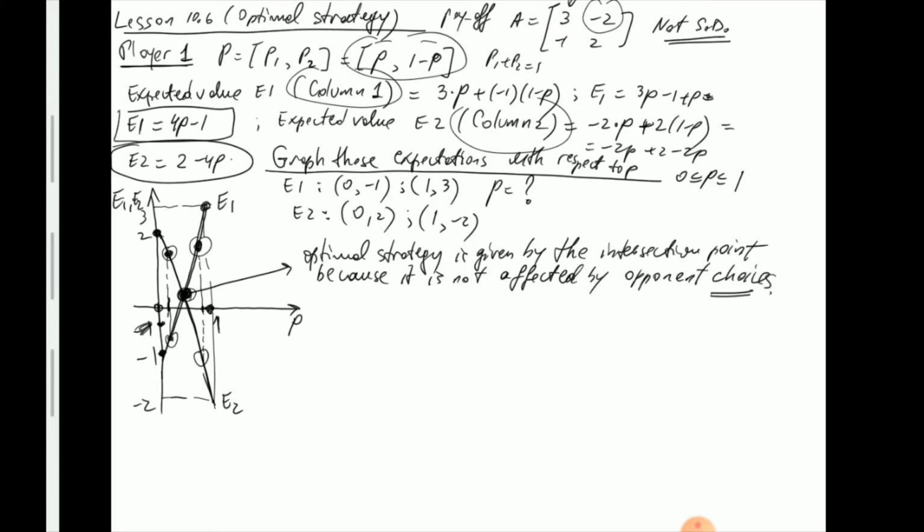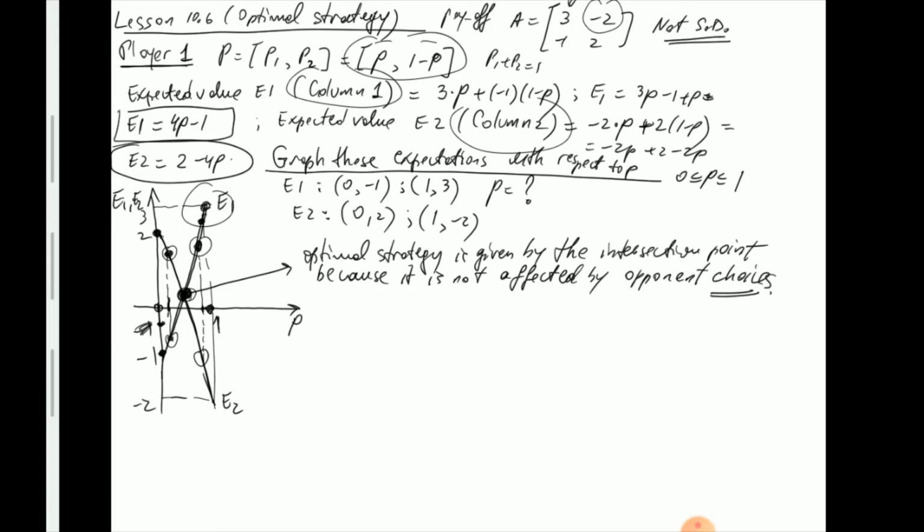Now, it's important to understand that this is not the only possible outcome. If you think your opponent is silly enough to choose column 2, you can choose a probability close to 1, so you can get the big payoff over there. But if you want a strategy independent of your opponent, who might be just as smart as you, then you want to be at the intersection point, because that's the one that doesn't depend on the choices of the opponent. So I hope that's clear, why the intersection point is going to be the best outcome.